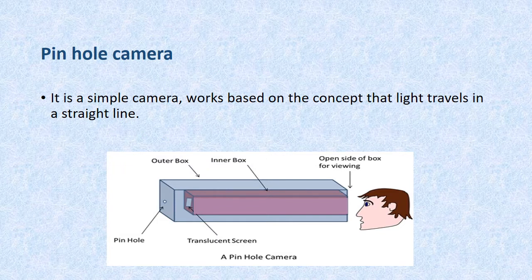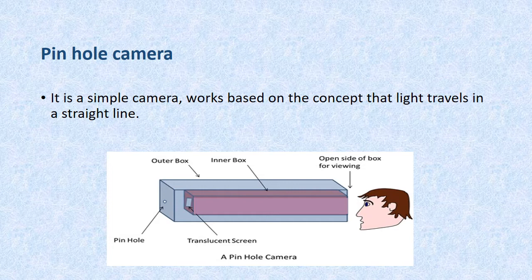Then the pinhole camera. A pinhole camera is a simple camera that works based on the concept that light travels in a straight line. You can see below an image of the pinhole camera. It consists of a pinhole, a screen and an open side of the box for viewing.